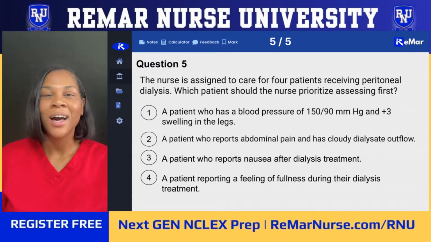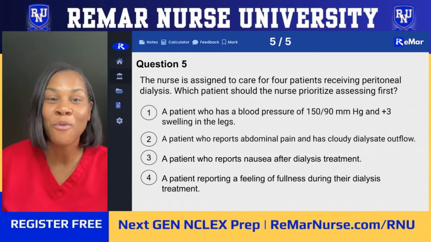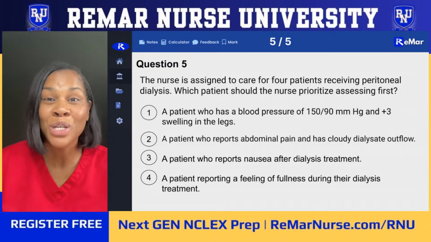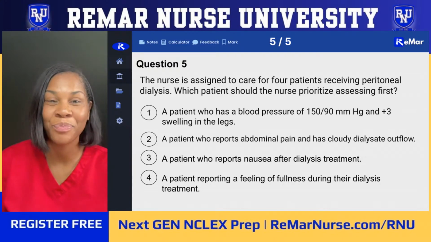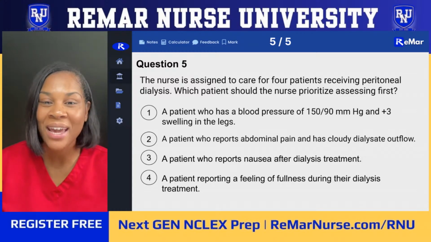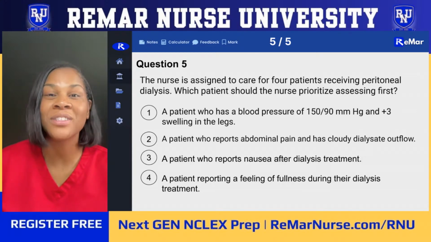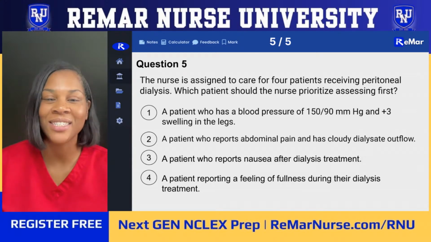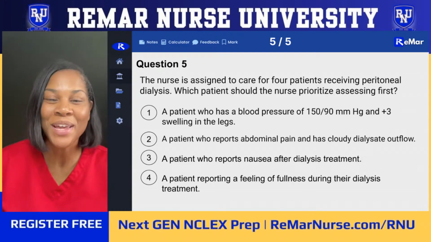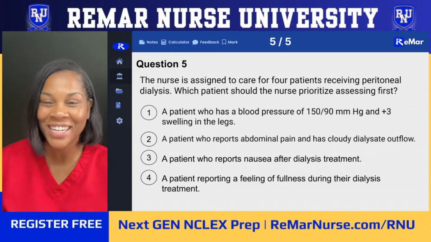Number 1, a patient who has a blood pressure of 150/90 and +3 swelling in the legs. 2, a patient who reports abdominal pain and cloudy dialysate outflow. 3, a patient who reports nausea after dialysis treatment. Or 4, a patient reporting a feeling of fullness during their dialysis treatment.